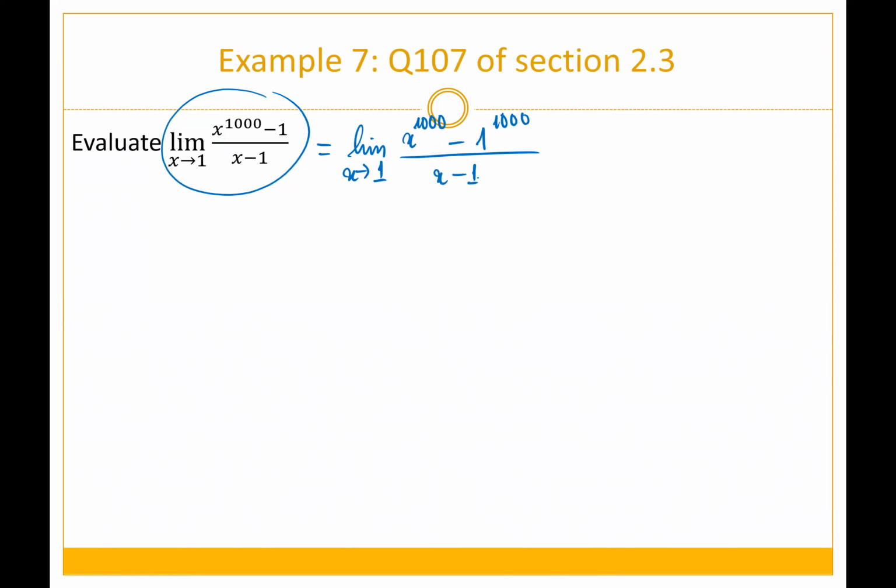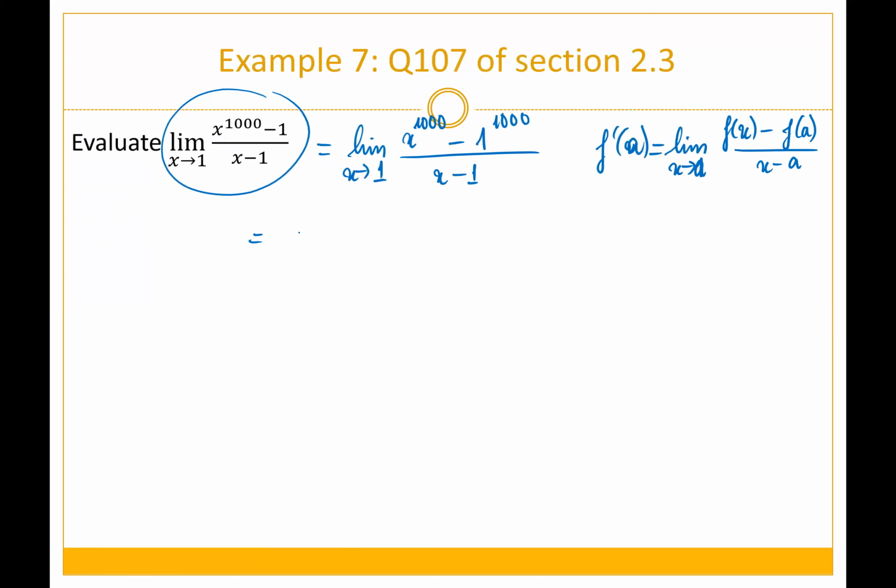Just to make sure, I rewrite it. When you have the definition of the limit as x approaches a of f(x) minus f(a) over x minus a, it reminds me of that. But what is the function here? The function here is x to the 1,000. So instead of 1, I can write it as 1 to the 1,000, and it makes perfect sense to match these two together with a equals 1.